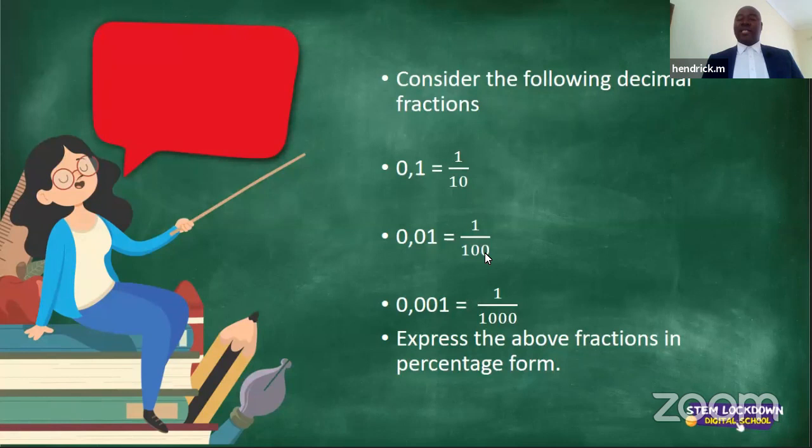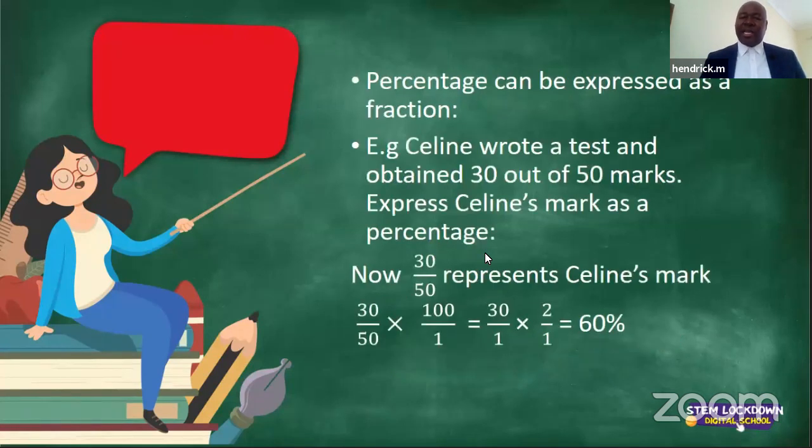But before you can start, I wish to take you back to the previous slide where Celine got 30 out of 50. And we were able to express this fraction as a percentage. And what did we do? We multiplied the fraction by 100.